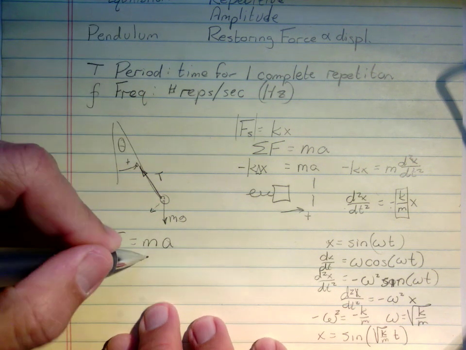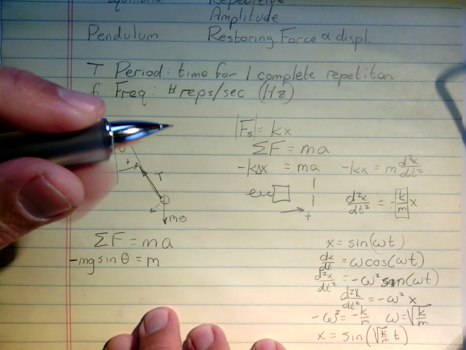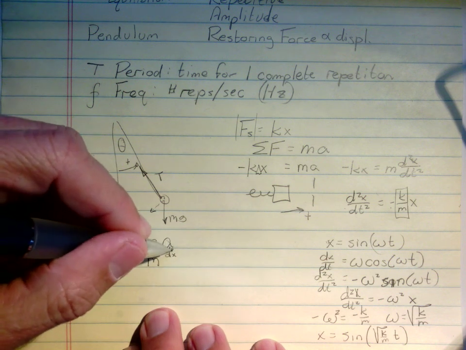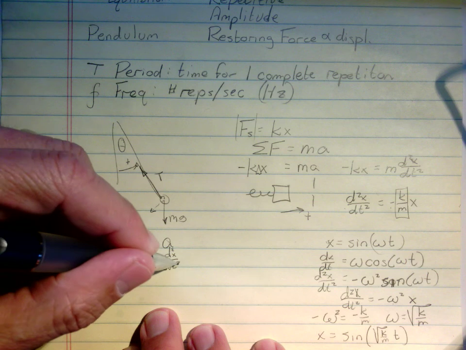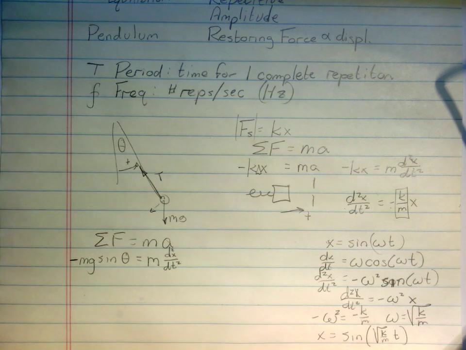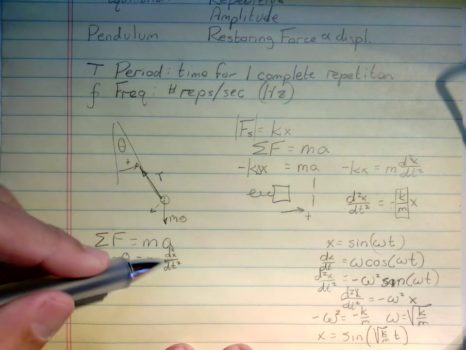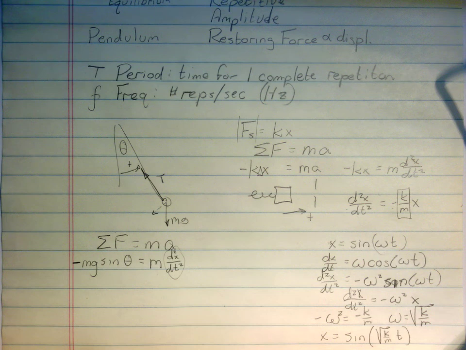And this is going to be equal to m times d squared x dt squared. Well, you see we've got a problem. We're measuring one in terms of theta and one in terms of x. Since we don't have just a straight line perspective, this thing's going to be curving, I want to rewrite this in terms of theta. And to do that, I got to do a little trick.